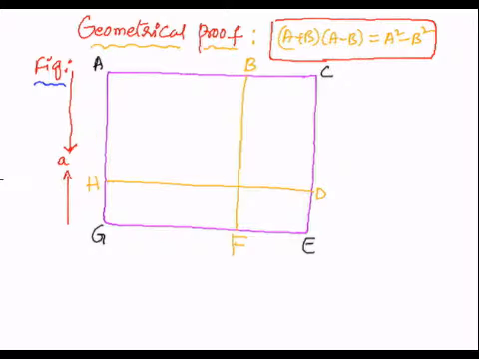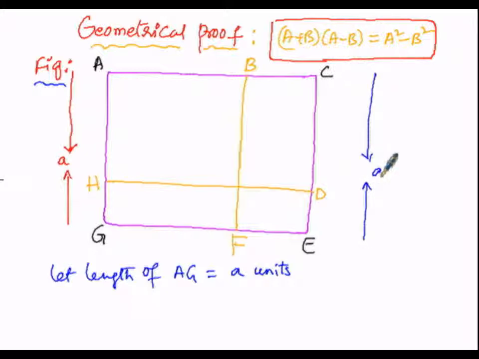So here let the length of AG equal A units. Since AG is opposite to the side CE, CE also will be of the same length, that is A units.